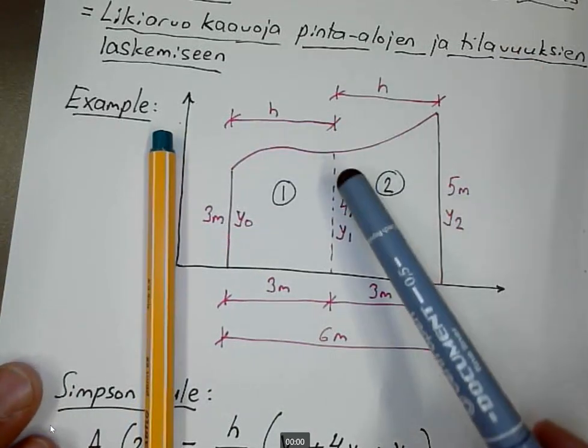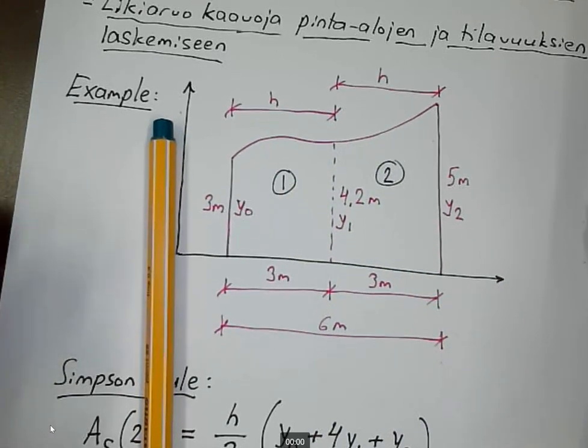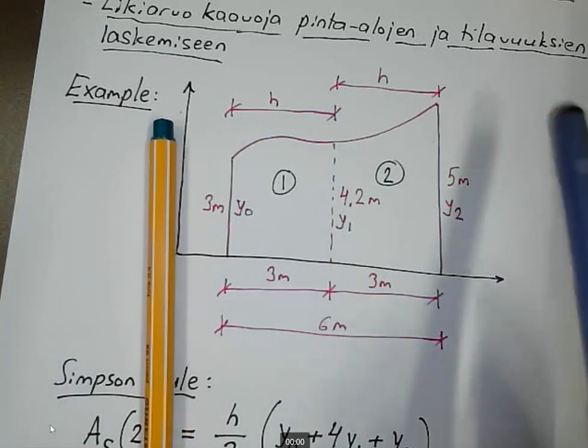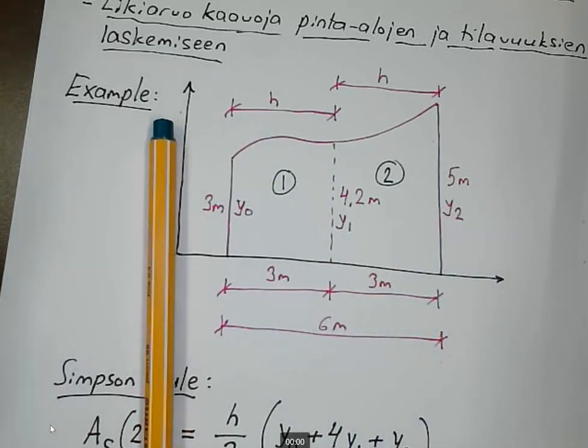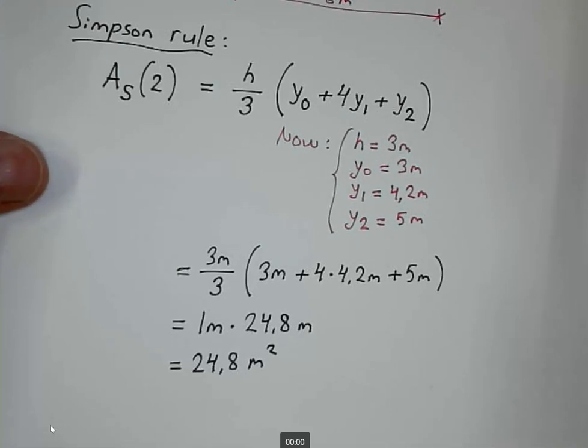So the correct area is more than 18 square meters. So we can, from this picture, guess that the real area must be between 18 and 30 square meters. And as we saw, it really was with the help of this formula.